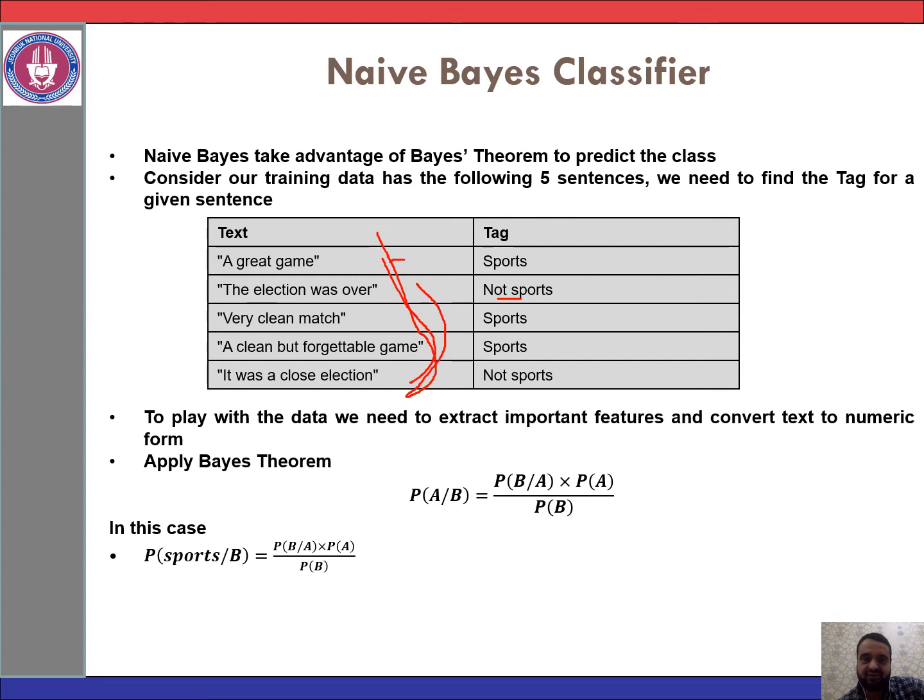So for that, first we need to extract important features and then convert them into a numeric form. Once we convert them into a numeric form, we will apply the Bayes theorem. The Bayes theorem is given by this formula, where it is saying that probability of A given B is equal to probability of B given A multiplied by probability of A divided by the probability of B.